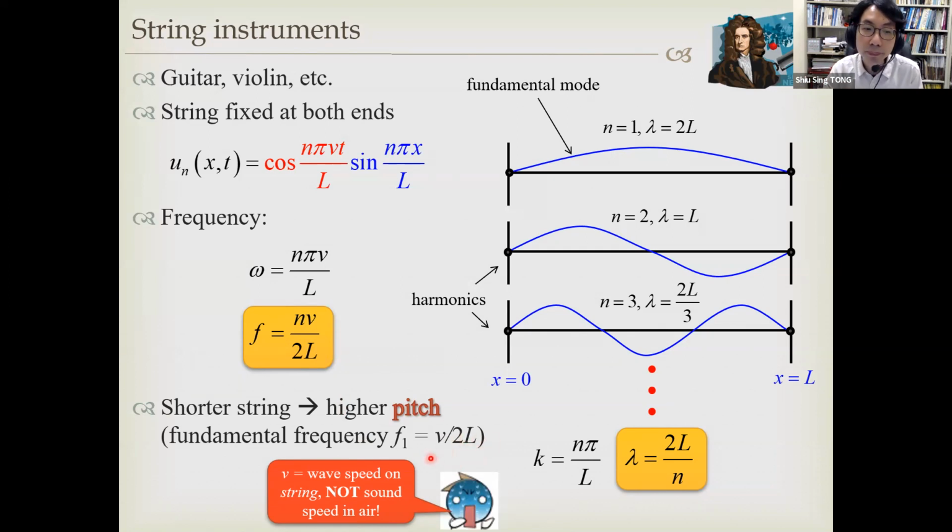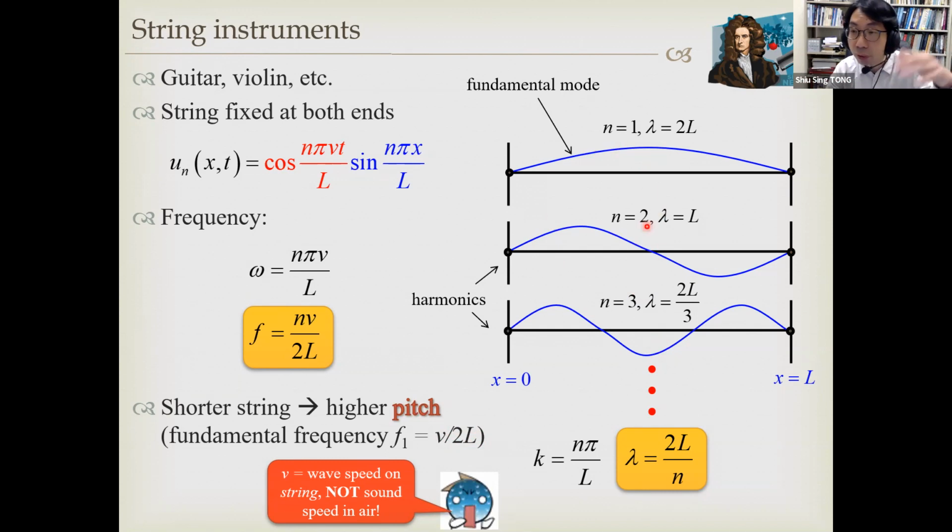Now what we can see from this equation is the following. The fundamental frequency of vibration determines the pitch. The pitch is essentially the basic frequency of the musical sound, and it depends on the fundamental mode, because when the string vibrates, the fundamental mode always dominates over the higher order harmonics.